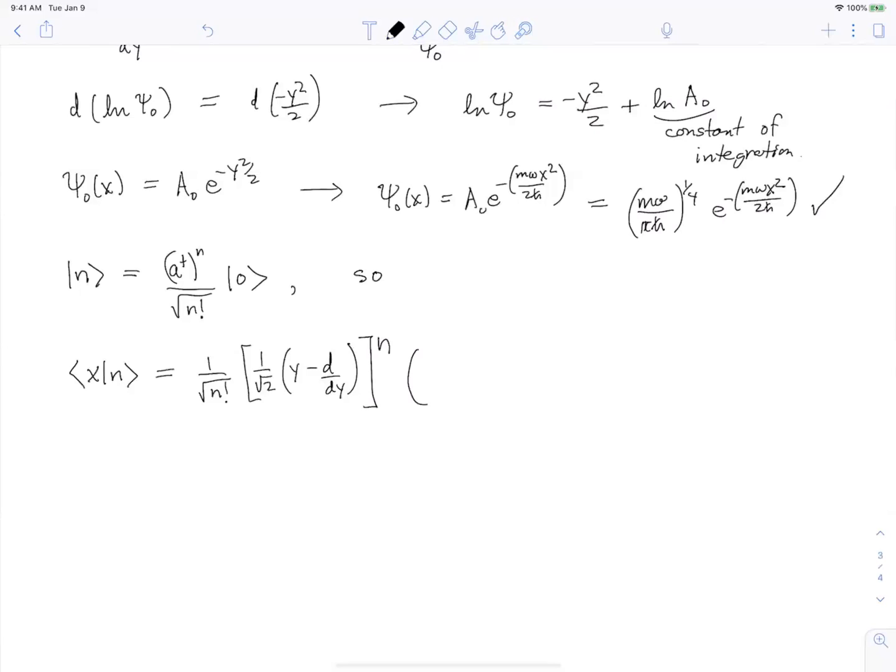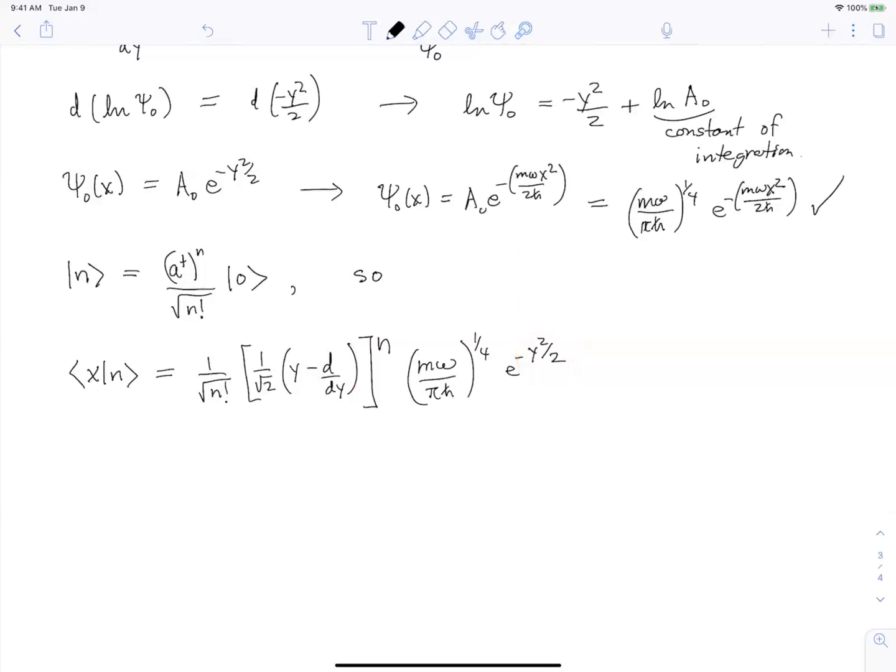Okay, acting on the ground state wave function, which is (m omega over pi h bar) to the 1/4 times the exponential. I'm going to write the exponential back in terms of y again, because I have differentials with respect to y, so it's easier to act directly on y.